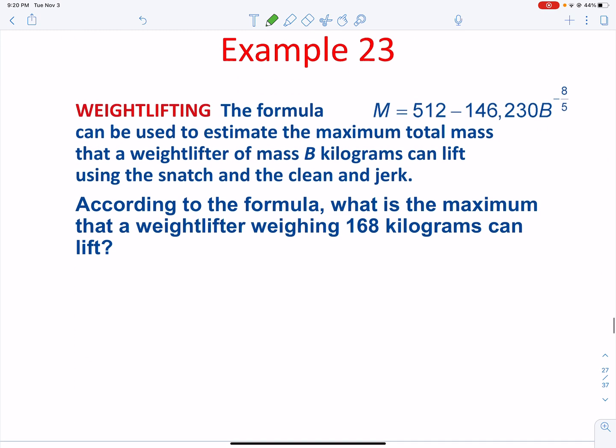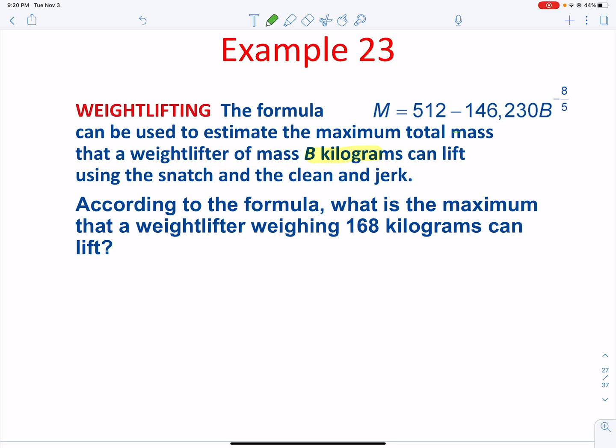Okay, so on this one, you would need a calculator, but it's saying the formula M can be used to estimate the maximum total mass that a weightlifter can lift in kilograms, using a snatch and clean. So according to the formula, what is the maximum that a weightlifter weighing 168 kilograms can lift?